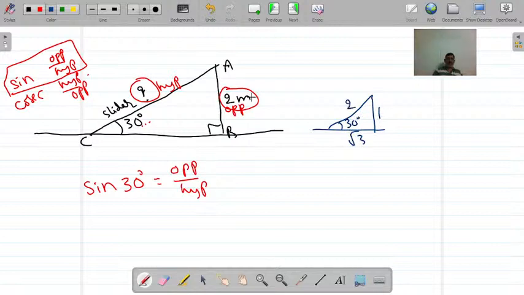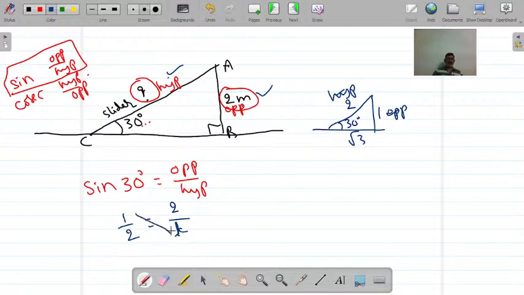Now I am taking this and this. So here I have to take these two values. So sine 30 means it is 1 by 2, opposite by hypotenuse. Opposite by hypotenuse is 1 by 2 is equal to, here opposite is 2 and hypotenuse we don't know. You can take it like some h or length, so you can take it like some L.